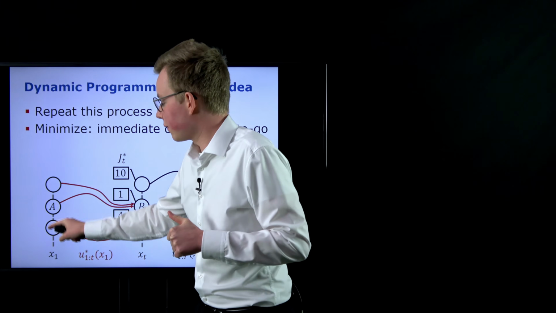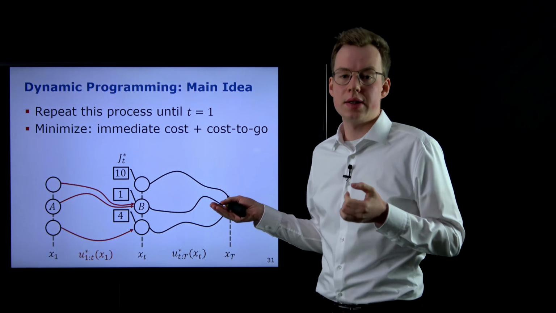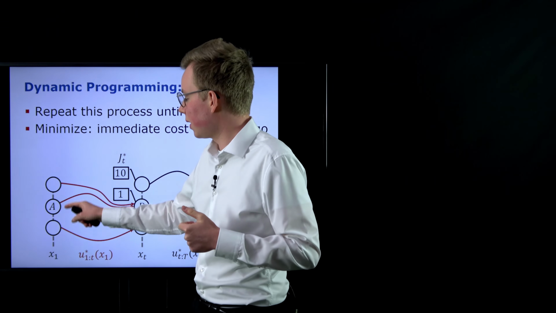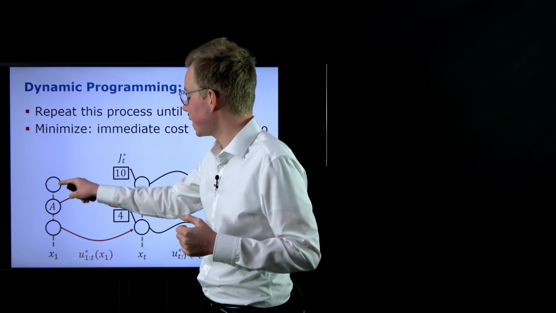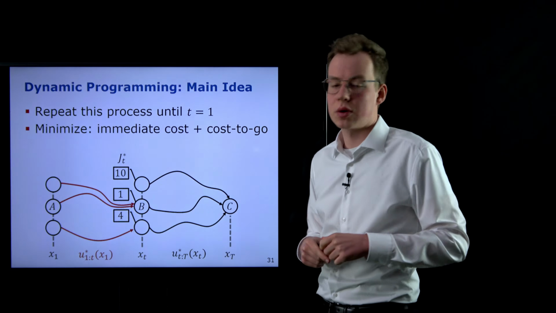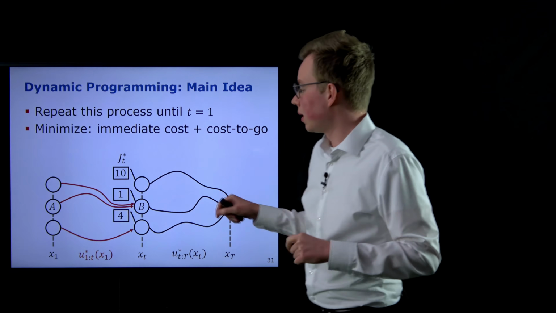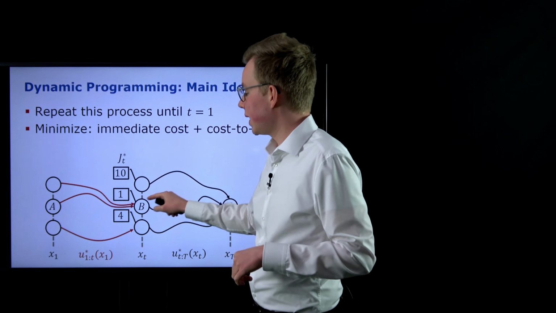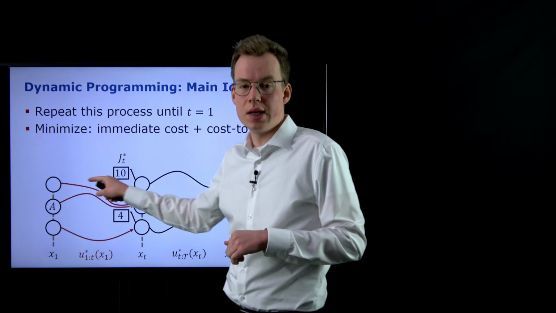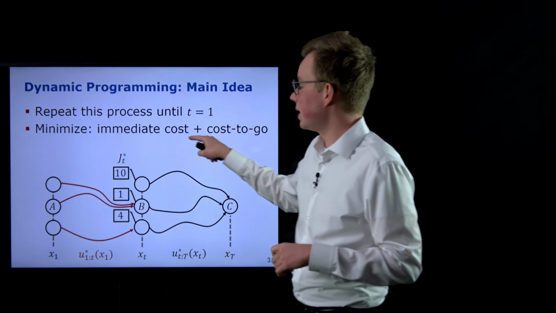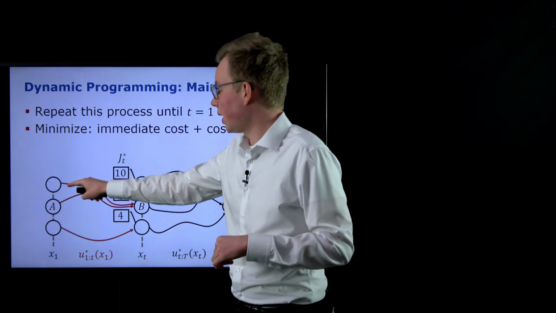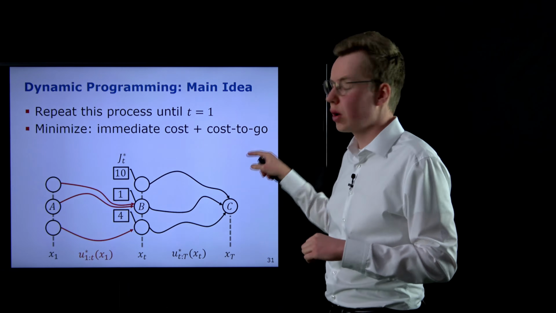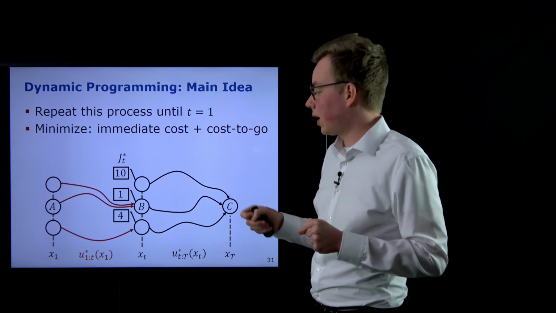Here we now have to enumerate all of these states, and then we have to again solve an optimal control problem. But here we don't minimize greedily how we can reach any of these states. So we don't just care about the immediate cost, but we minimize the immediate cost until time t plus the cost to go that we would incur from there on into the future.